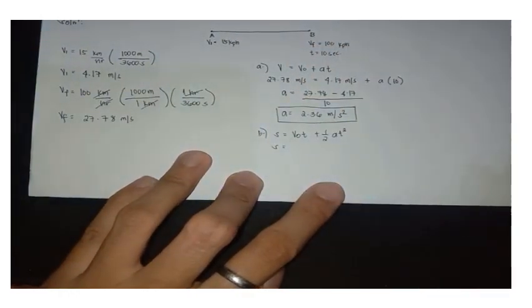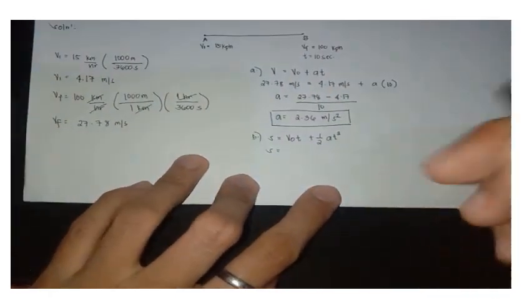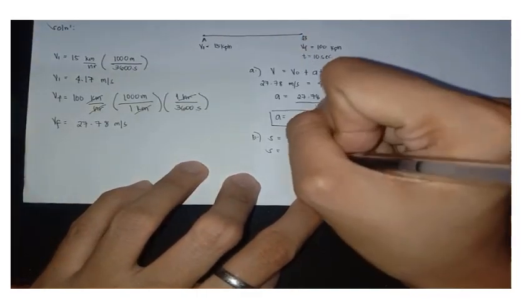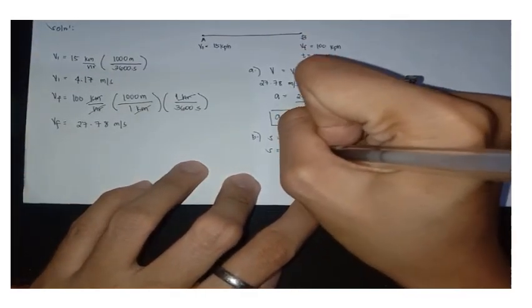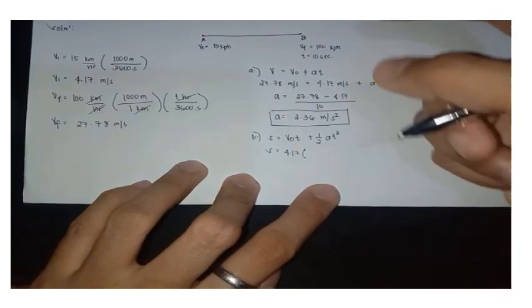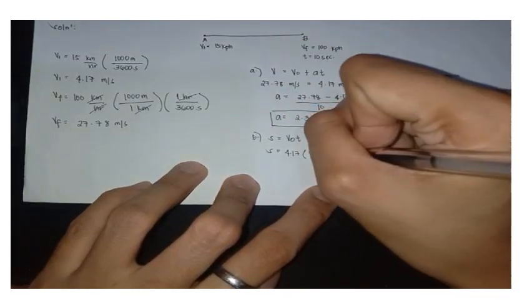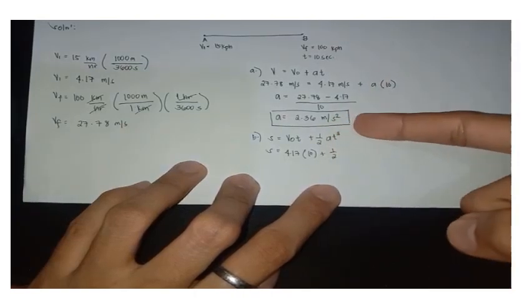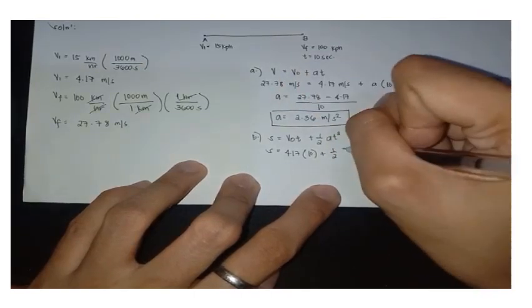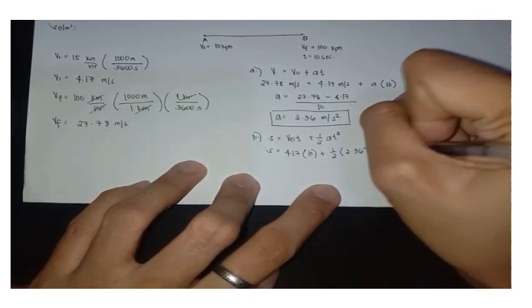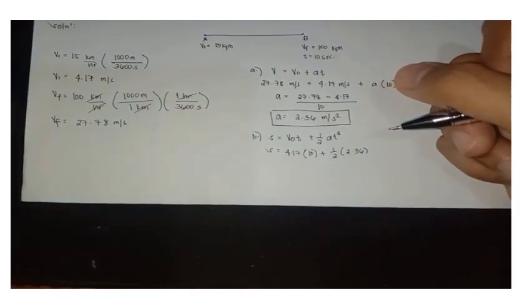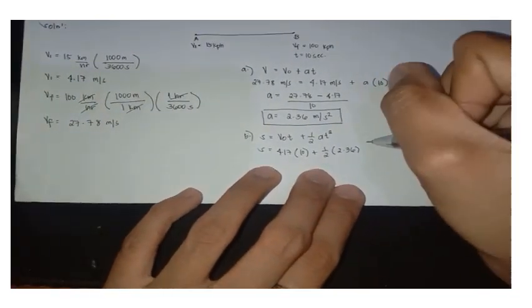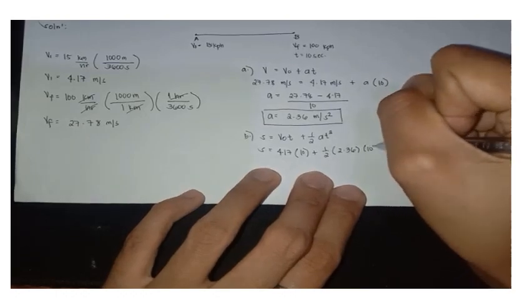We directly substitute: 4.17 multiplied by the time, 10 seconds, plus 1/2 times the acceleration that we got, 2.36, times 10 raised to 2.